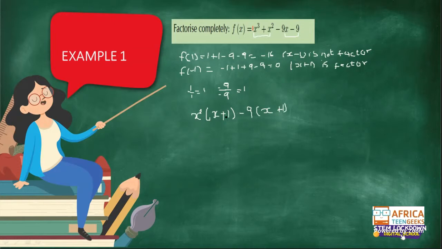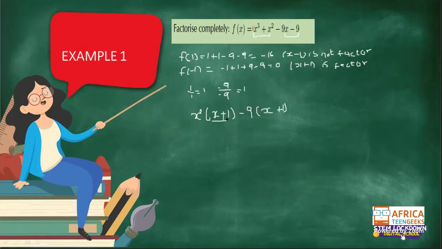To check if what you're doing is right: x squared times x is x cubed. x squared times positive 1 is x squared. Negative 9 times x is negative 9x. Negative 9 times positive 1 is negative 9.